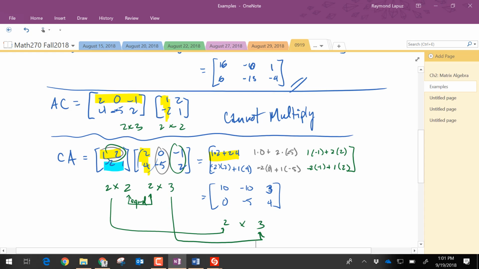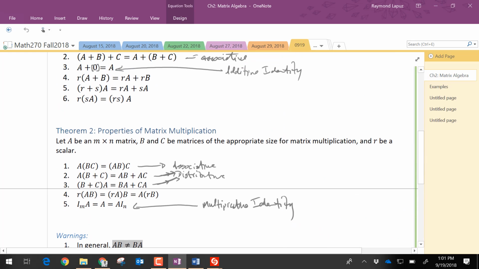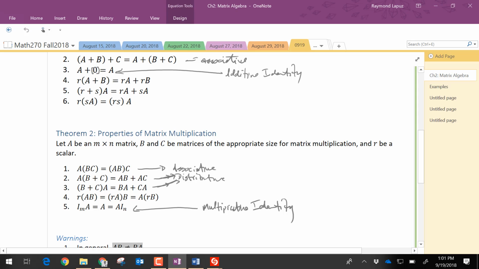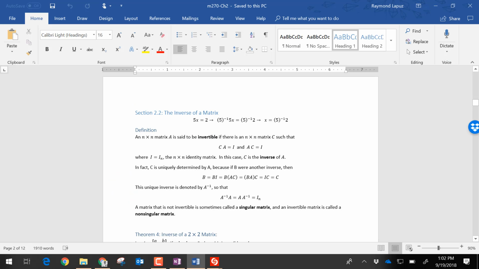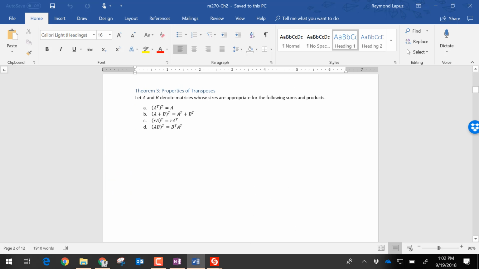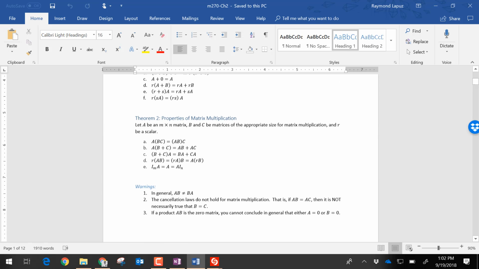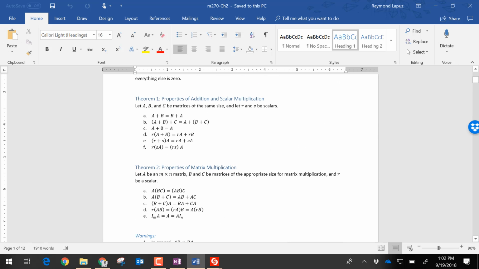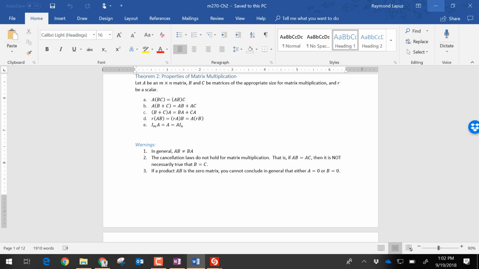Well, it's not too arbitrary. Matrix multiplication is really a series of dot products or inner products.